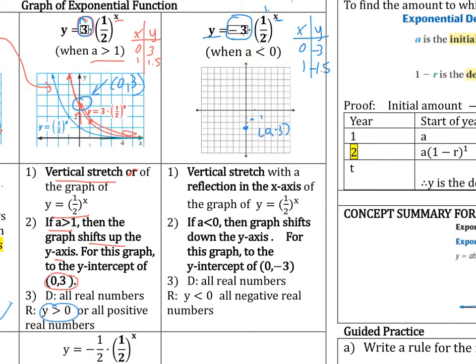So this is (1, negative 1.5). As you can see, this graph is a reflection of this graph.